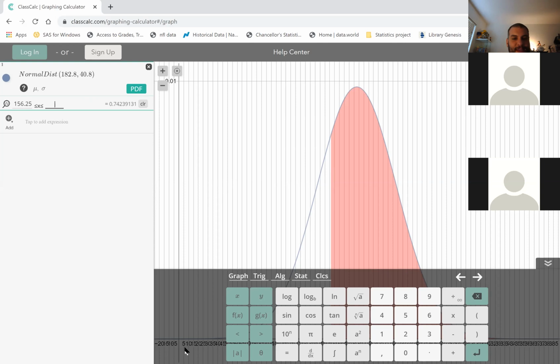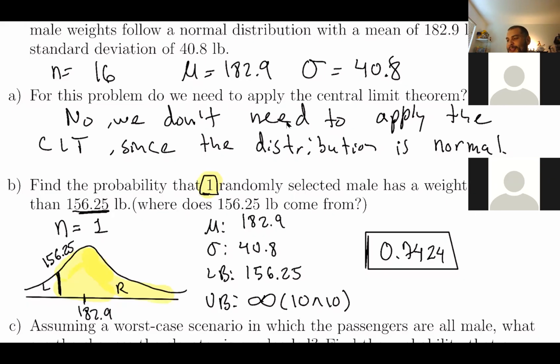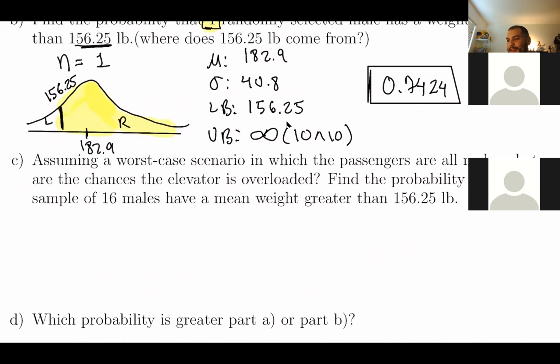Any question for part B? No. Okay, let's do part C. Part B is technically what we did on Wednesday, and part C is what we're doing today. For part C, it says, assuming a worst case scenario in which the passengers are all male, what are the chances the elevator is overloaded?